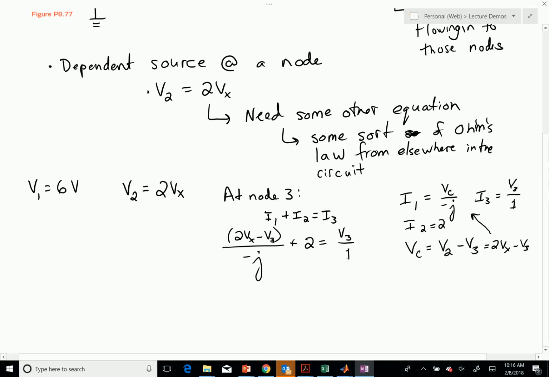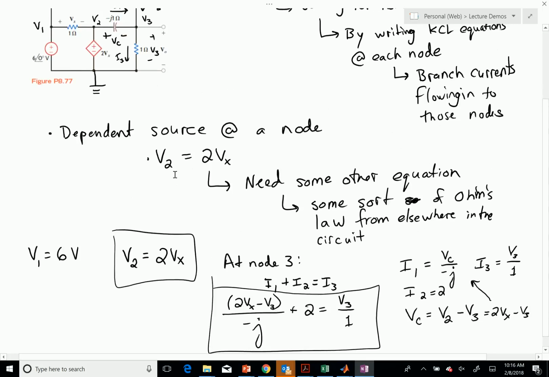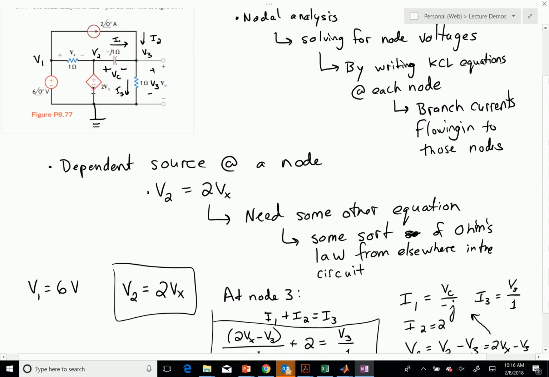Now I've got two equations and I've got two unknowns. Now the thing is, for this dependent source, I've got to figure out how I get another equation.